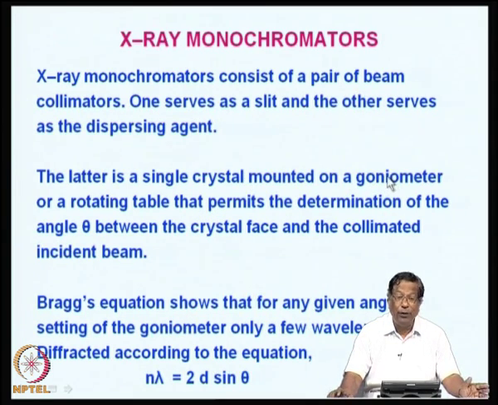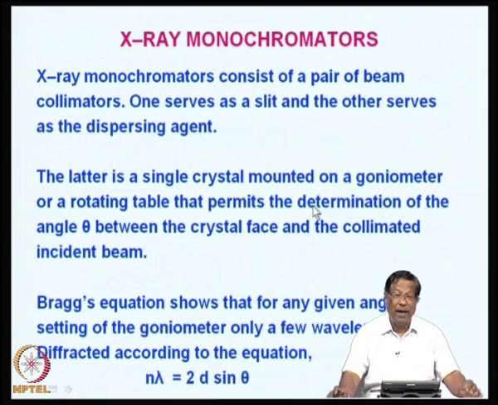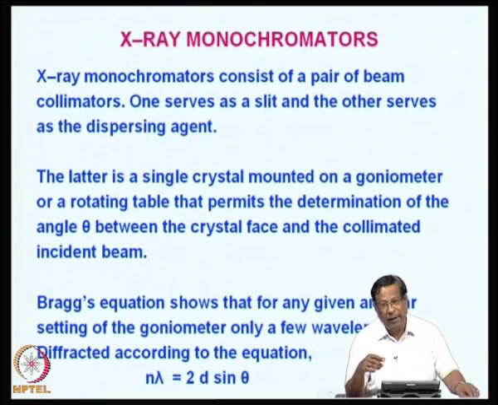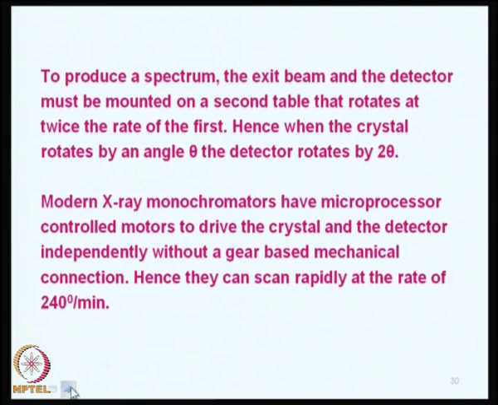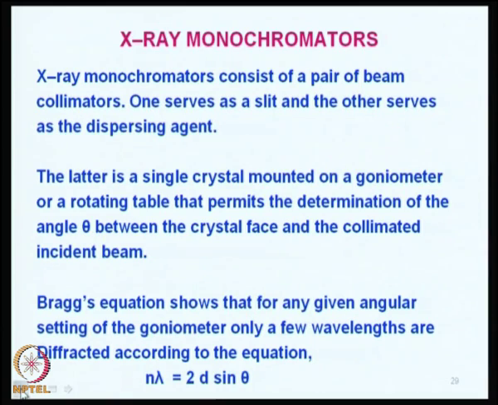What is a goniometer? A goniometer is a rotating table that permits the determination of the angle theta, that is, the angle at which the radiation falls on the crystal, and then it gets diffracted, fluoresces, etc. Suppose your sample is on a rotating turntable and the radiation falls on it; this angle can be varied from 0 to 90 and 180, up to 360.